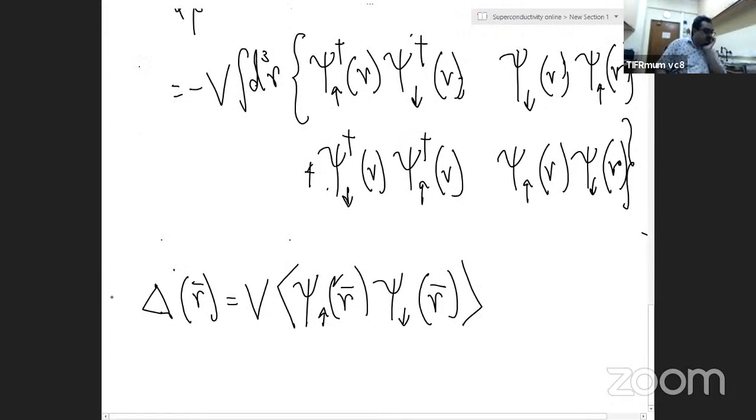Now, how can you convince yourself that I have gotten the same definition for the gap? What was the definition before for the gap?